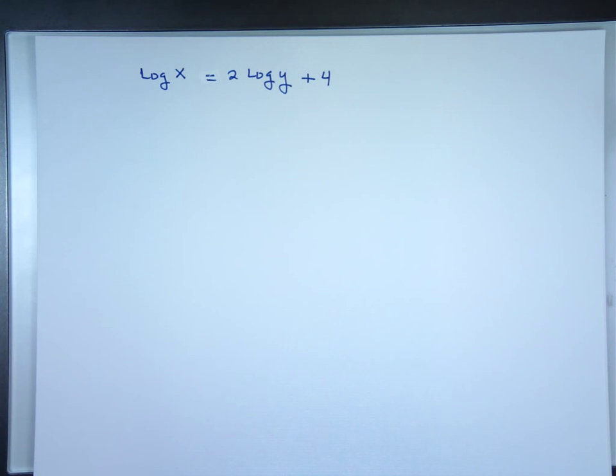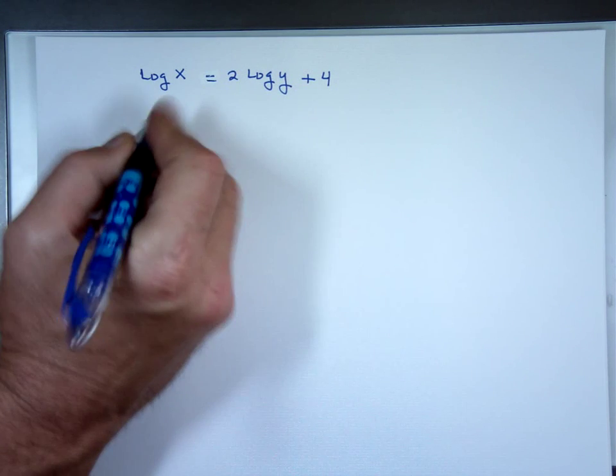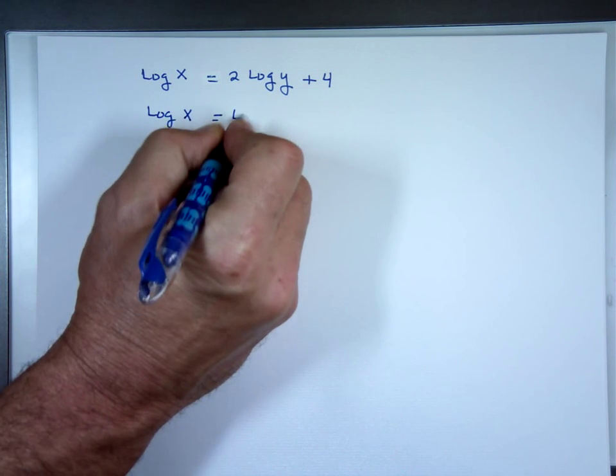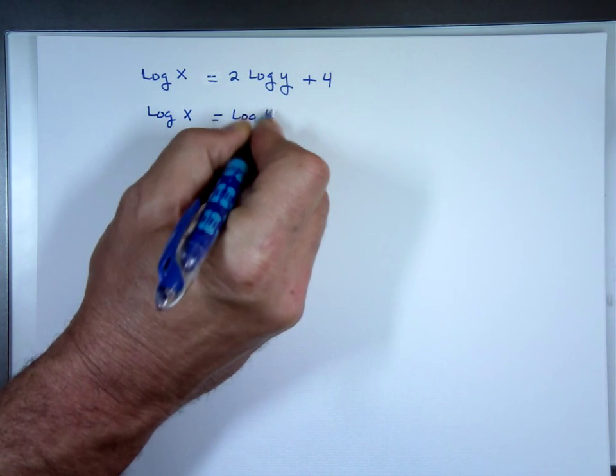Okay, what do you think we should do? Can you use rule 6? Oh, I could make a y squared here. That's what you want to do? Okay, I can do that.